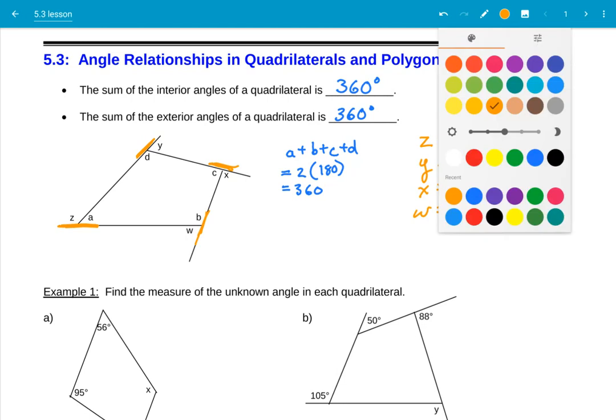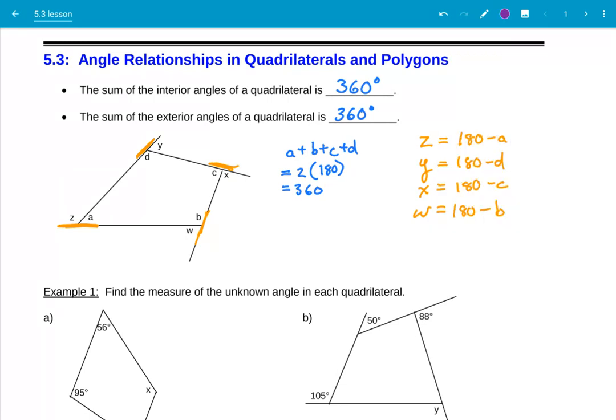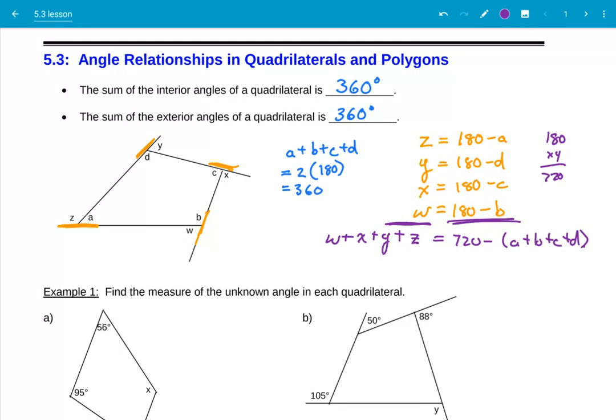because I've got four sets of supplementary angles. Now, if I take the left side of these four equations and add them up, I have W plus X plus Y plus Z, those four letters. And this total here, well, I have 4 times 180. That's 720, and I'm subtracting A and B and C and D. And what are those four interior angles?